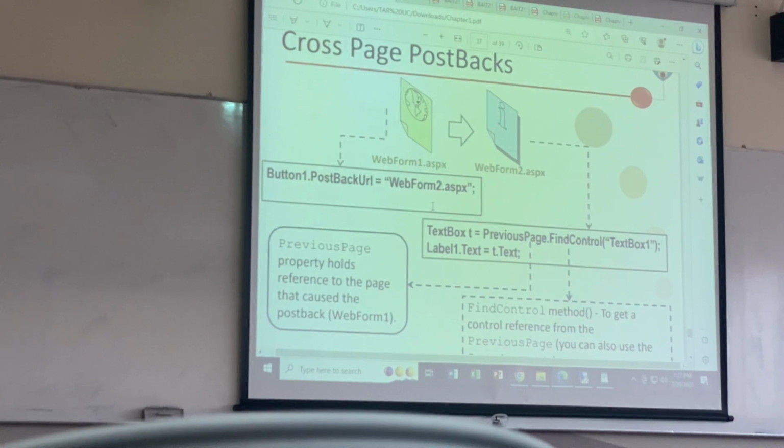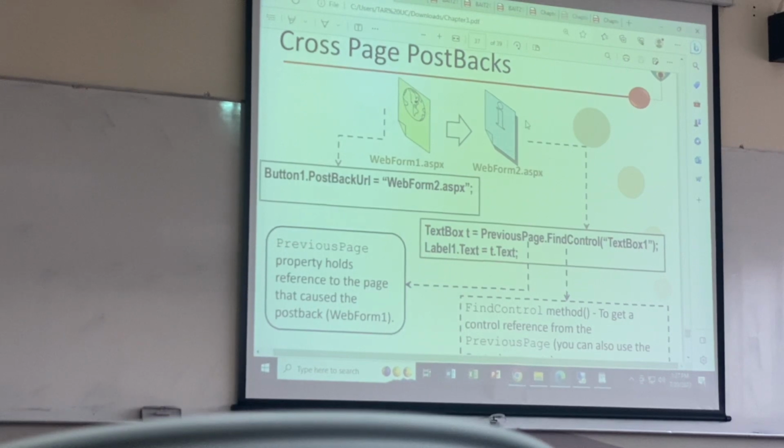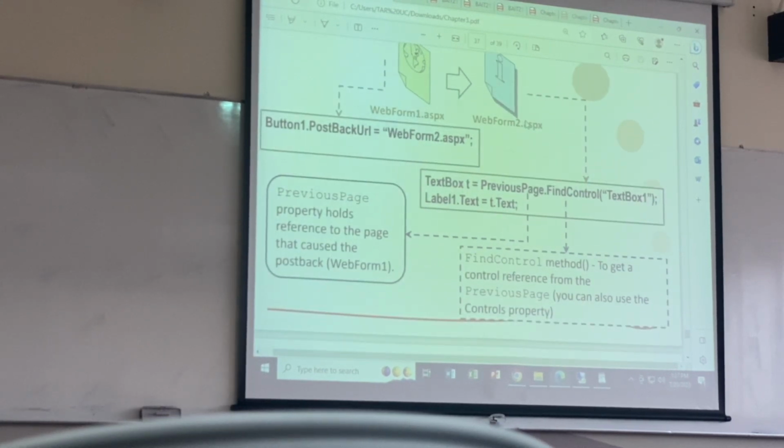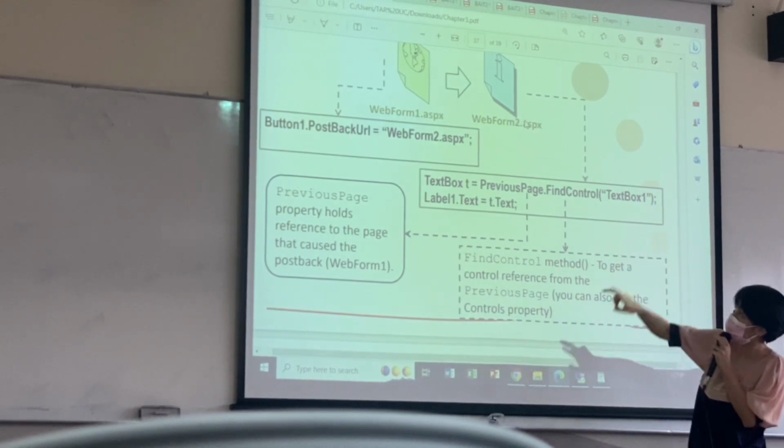Okay, postback. We have web form 1, so says web form 1's button. We set the property PostBackUrl to web form 2. This is web form 2, so it goes to web form 2. In web form 2, if you want to use the previous web control from the previous page, we can use PreviousPage and then FindControl for TextBox1 in web form 1.